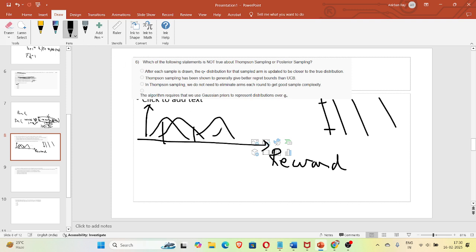Something close, like that. Previously we were sampling from here, and this one is from here, say. Next, after we have made it steeper, the variance is reduced and the mean has increased.